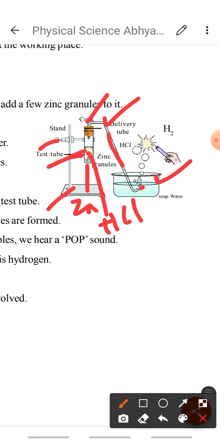We observe that bubbles appear in it. If you bring a burning candle near the gas, it gives off a pop sound. That indicates the liberation of hydrogen gas.